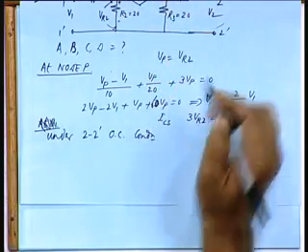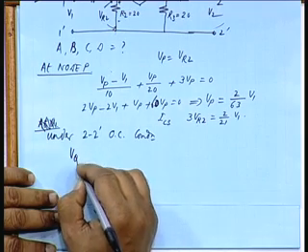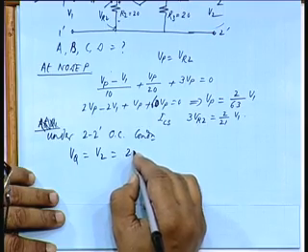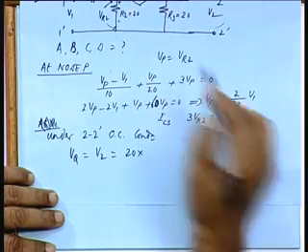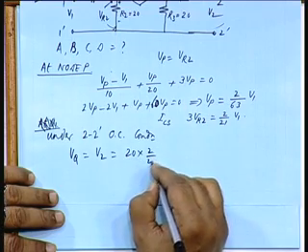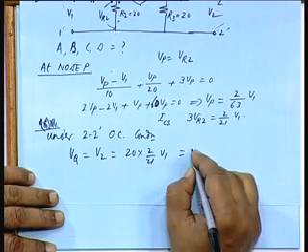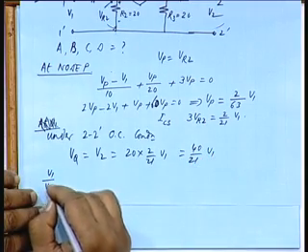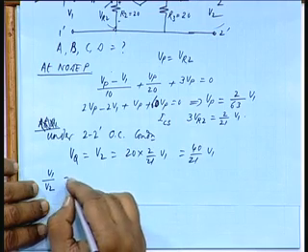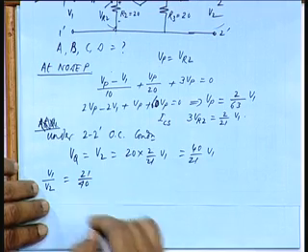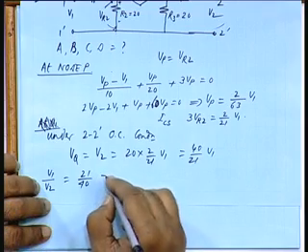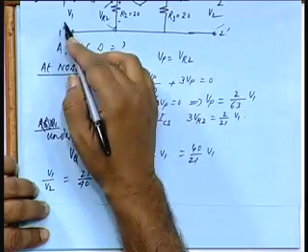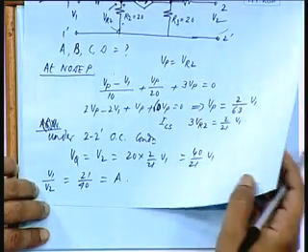Current into R3. So, VQ is equal to V2 is equal to 20 into the current, and how much is that current? 2 by 21 V1. So, 40 by 21 V1. So, how much is V1 by V2? 21 by 40, is it not, and that is equal to A.